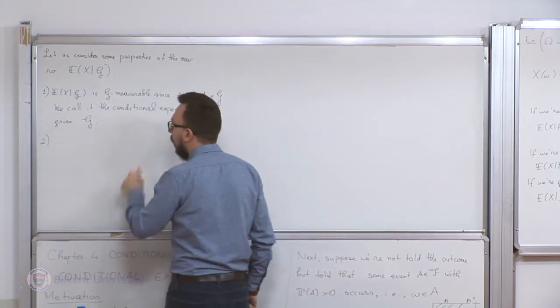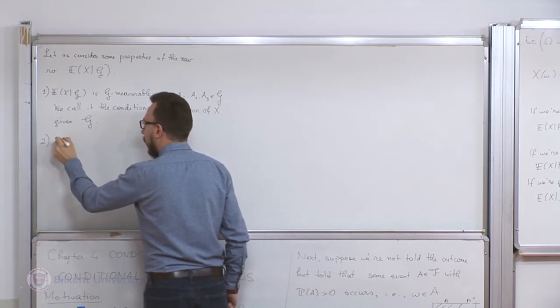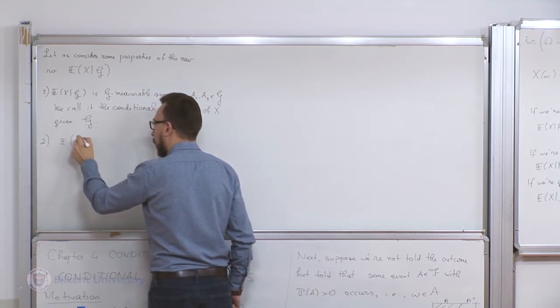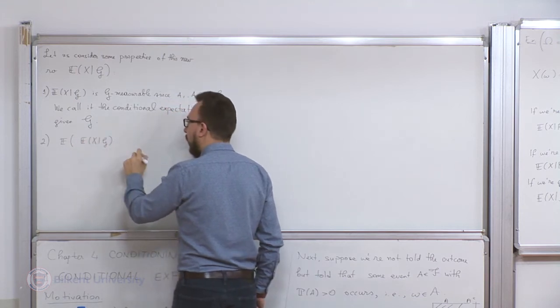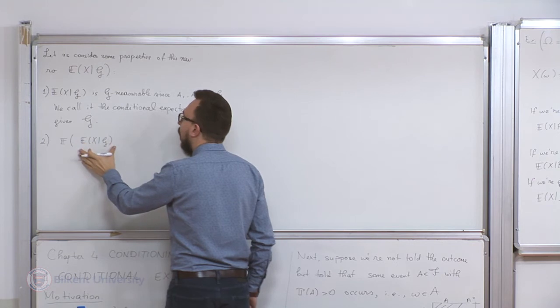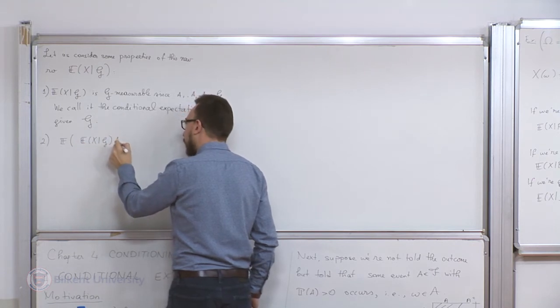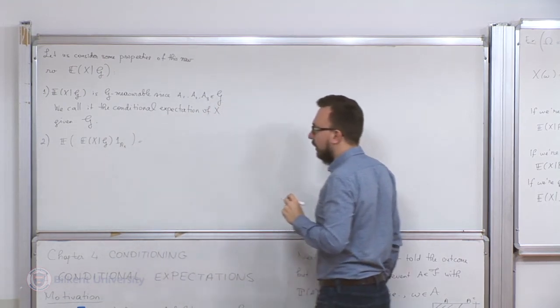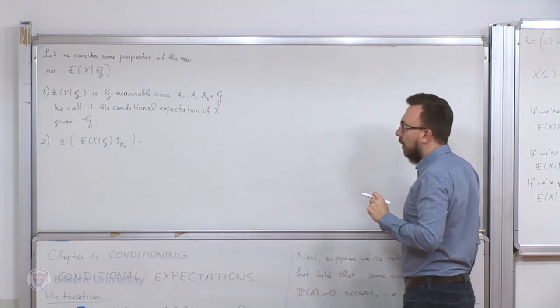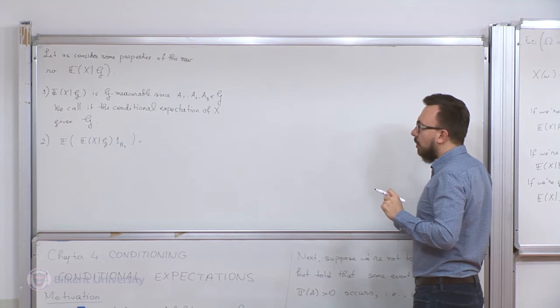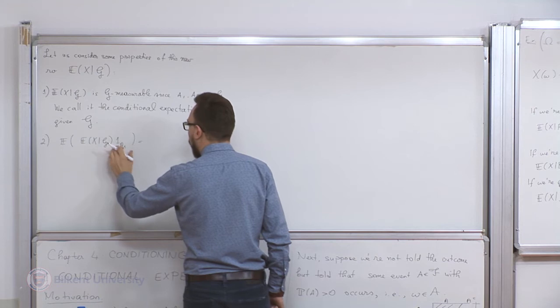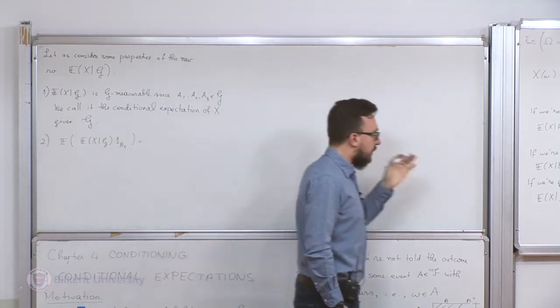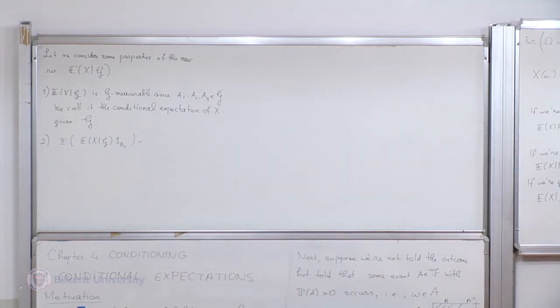So let's look at the expected value of the conditional expectation under each of the sets Ai. Okay, let's look at this quantity. So what does that say? We look at the conditional expectation on Ai, so it is A1, A2, or A3.